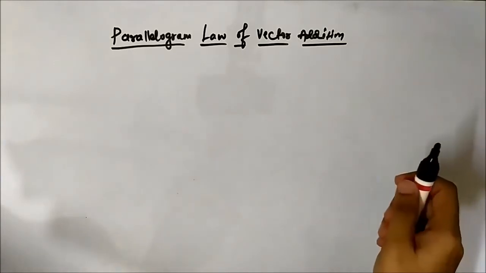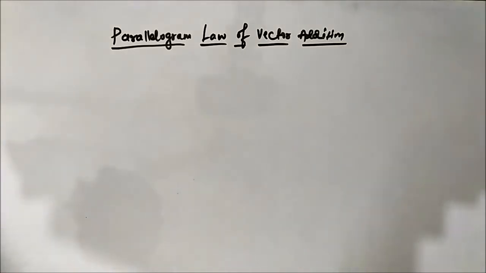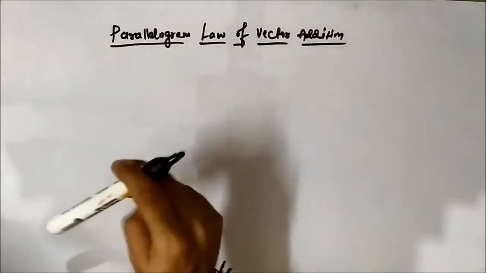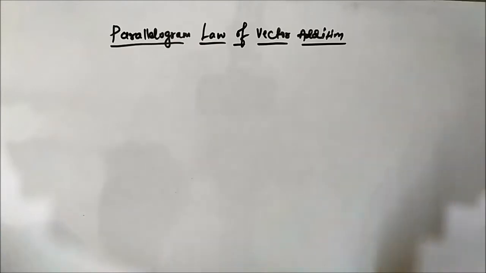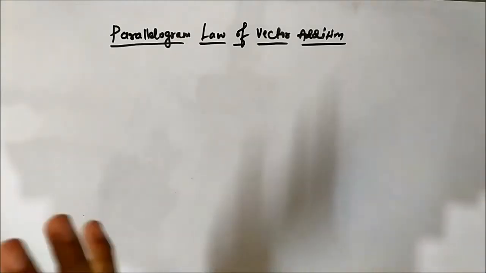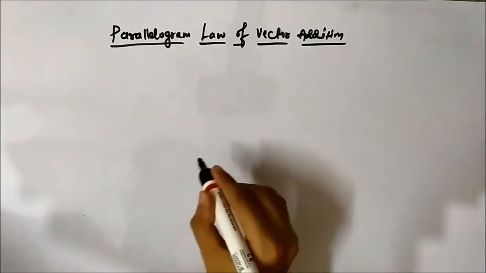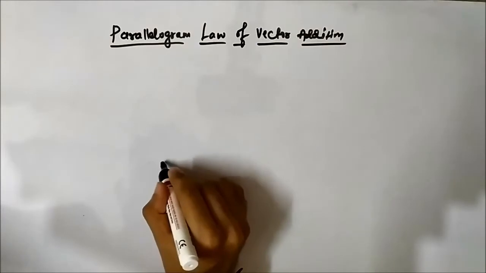Let us say we have two forces, or two vector quantities. The best way to understand is with the help of forces acting at a point, but let's say we have two vector quantities.